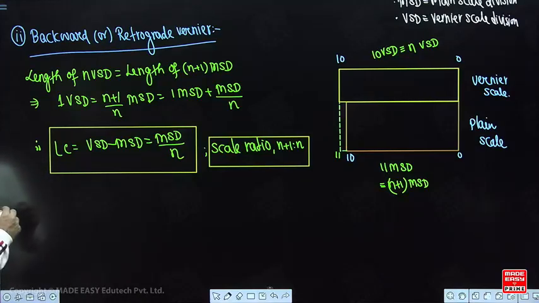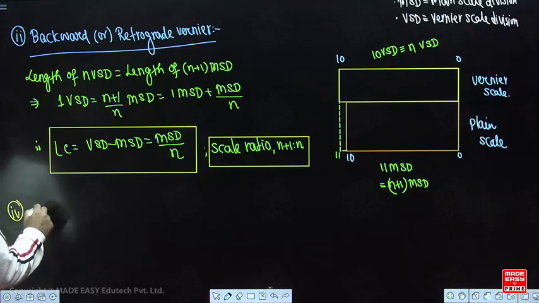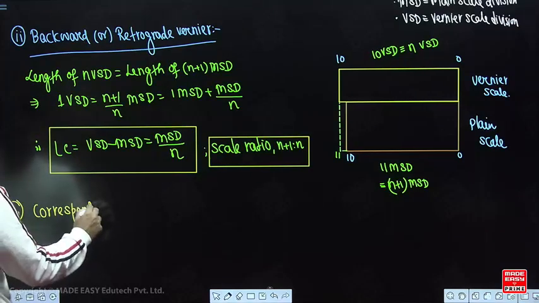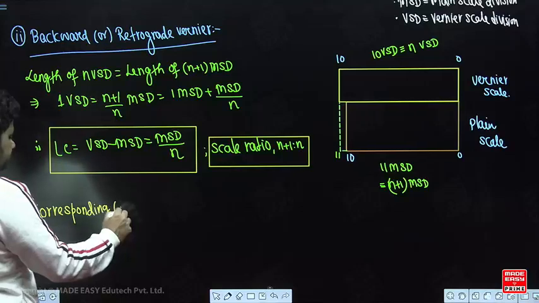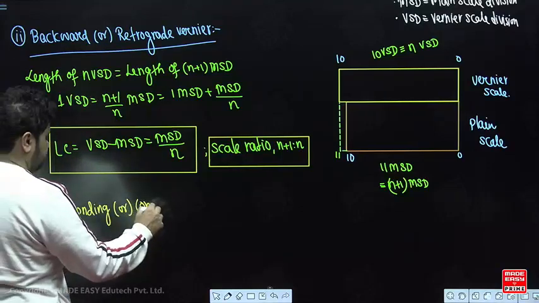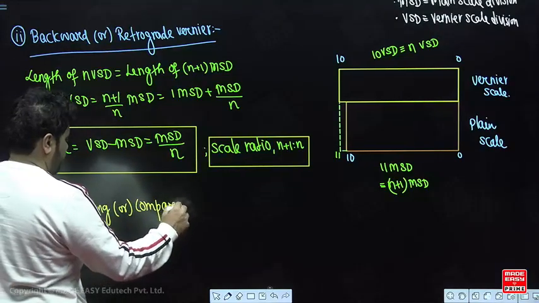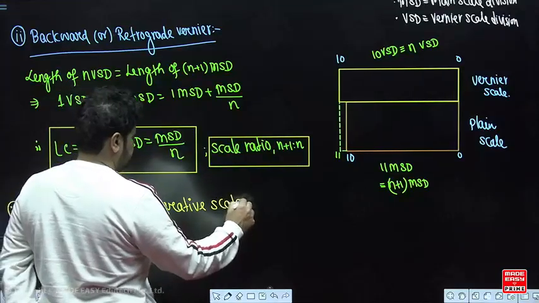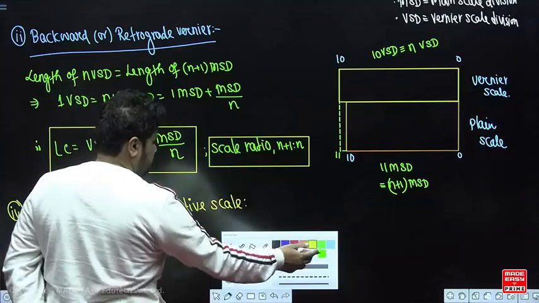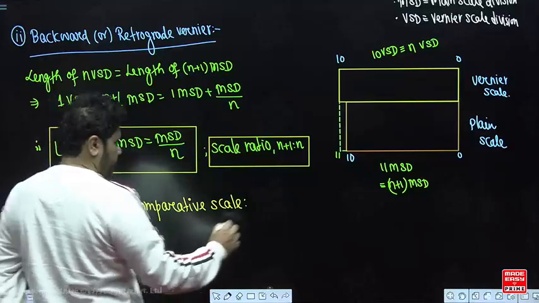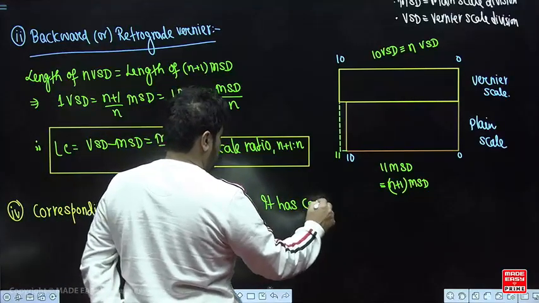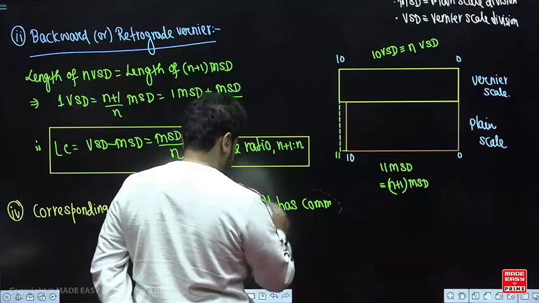Fine. Fourth is your corresponding or comparative scale. Correct. So what is corresponding? It has a common RF.